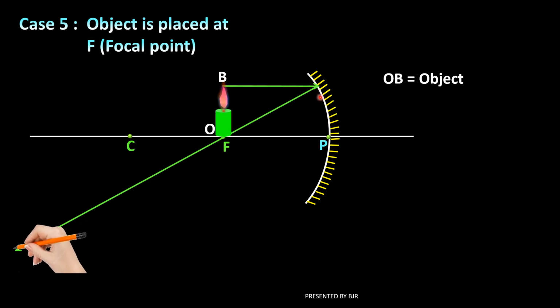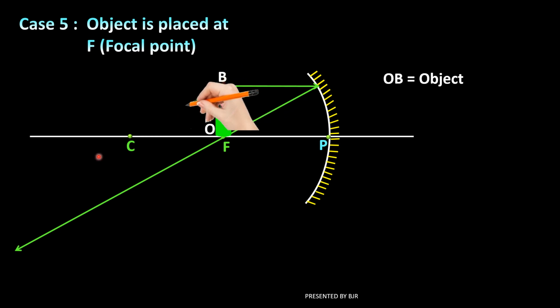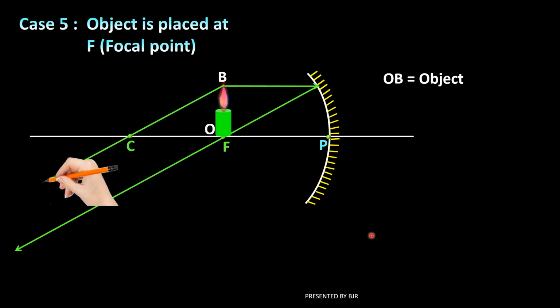This ray travels through the focal point. Second ray, I am drawing directly from point B through C, and these are the two reflected rays, and these two reflected rays are parallel to one another.